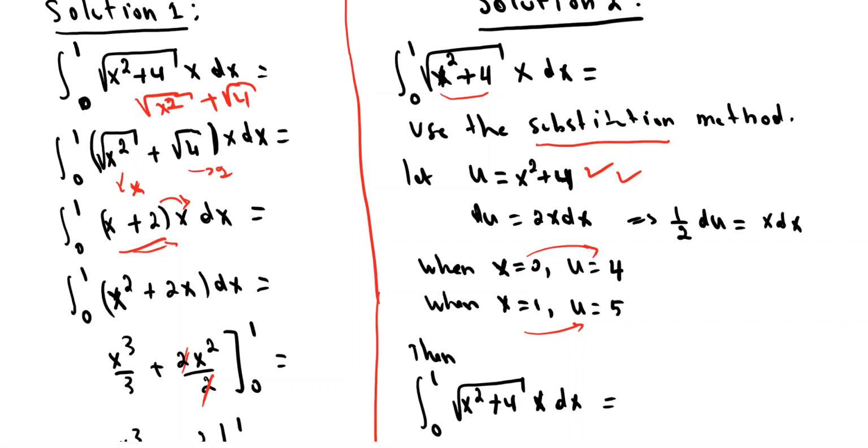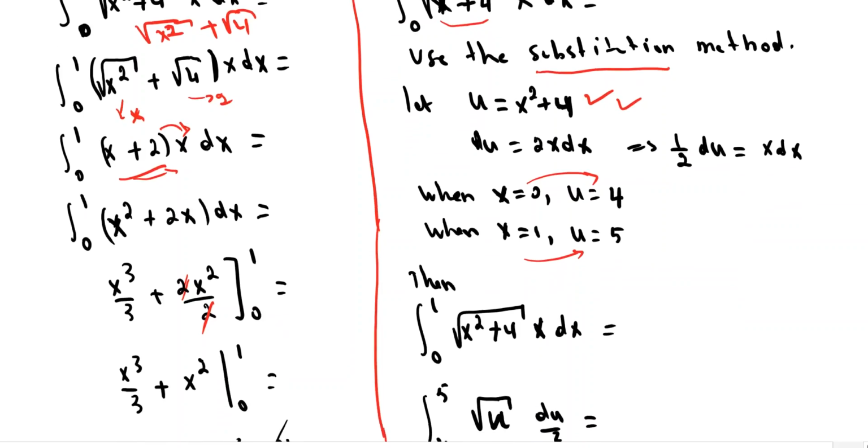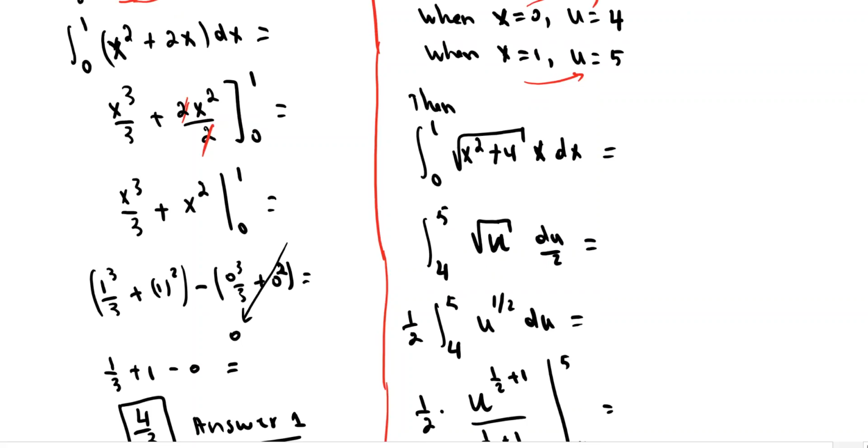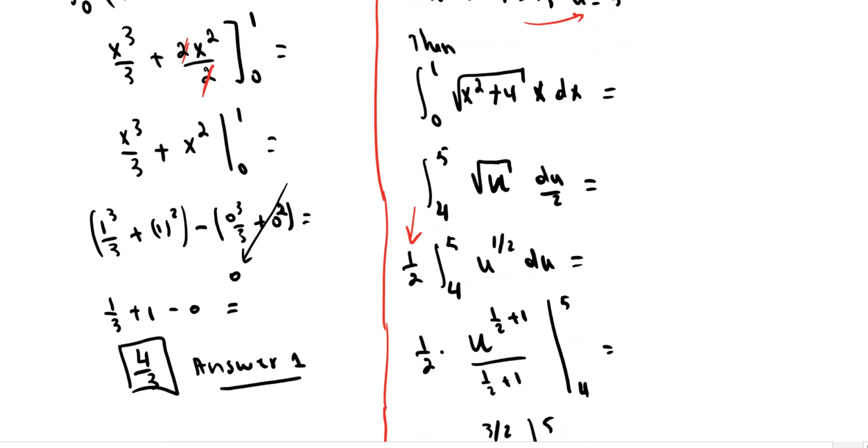So then our integral becomes a new integral, which is the integral from 4 to 5 of the square root of u times 1 over 2 du. But because 1 over 2 is a constant, we can bring 1 over 2 outside of the integral.